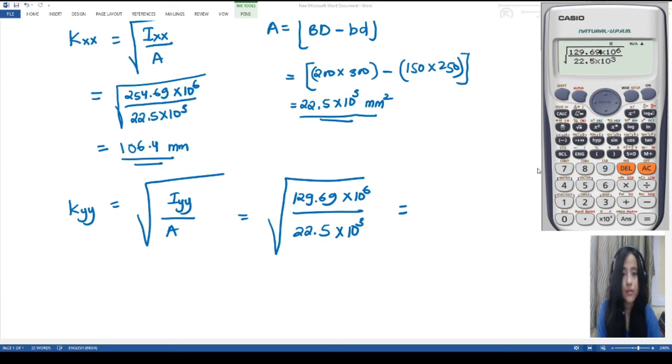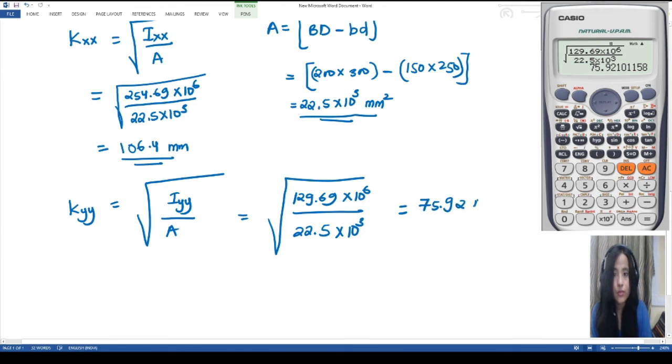Everything is same. This will be coming equal to 75.92 mm. So this is my radius of gyration about the YY axis.